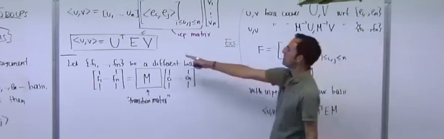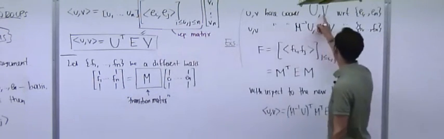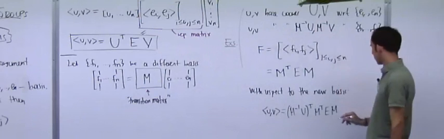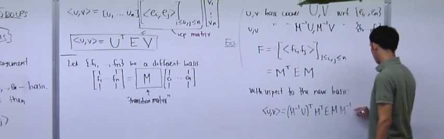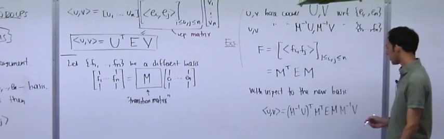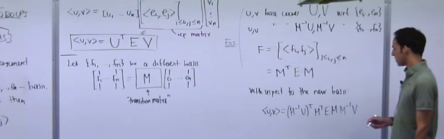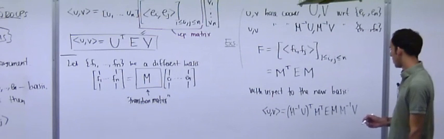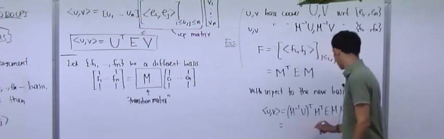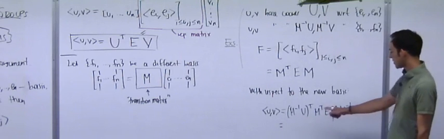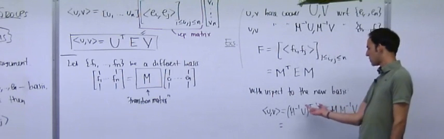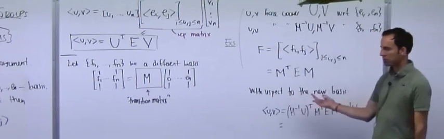And in terms of V, I have to write the new coordinates, which are M inverse V. So this looks like a big mess, but if you just go ahead and compute this, well, first of all, you know that the transpose of a product just reverses the order.